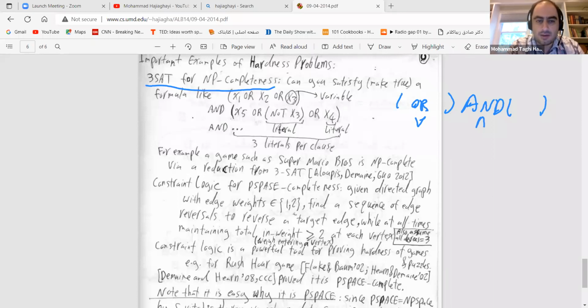Now these are some important definitions. If you have X1, X2, X3, these Xi's are called variables. A literal is either a variable or the negation of a variable. So each OR that we have here is an OR of variables or their negations; we call them literals. And each of these OR groups we call a clause.